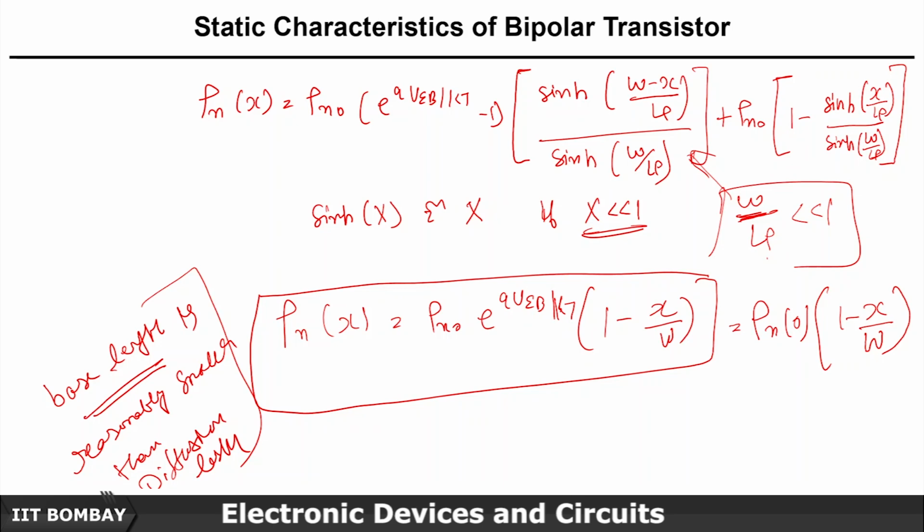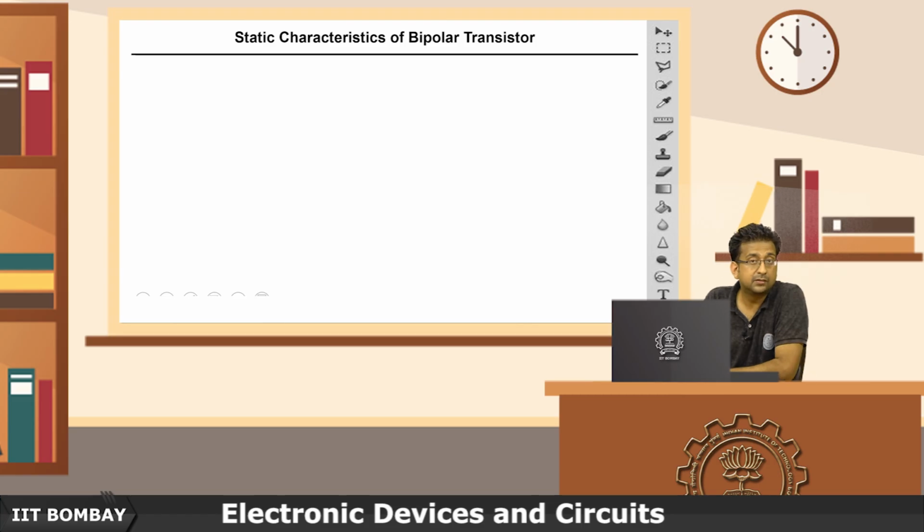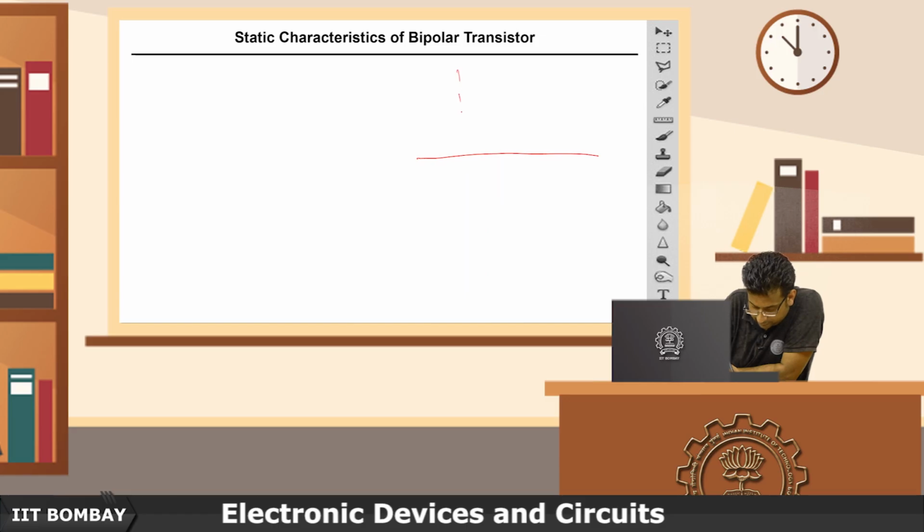Now, similarly, we need to derive the expression for electrons in the p region, that is, the emitter region and the collector region. So let me draw the diagram again. This is x equal to minus XE, this is x equal to 0, this is W, and this is x equal to XC.